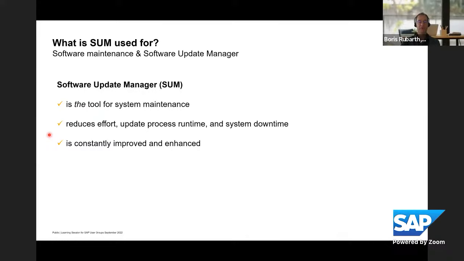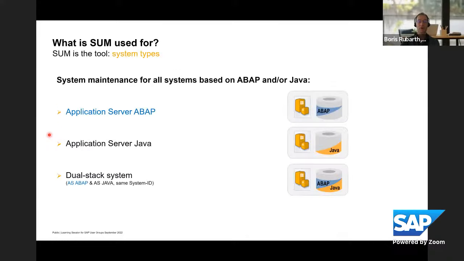So what is the Software Update Manager used for? What kind of systems are being handled by the tool? The tool is for system maintenance for all systems based on either the application server ABAP, or systems based on application server Java, or systems that we call a dual stack system. Of course, you know, a dual stack is a system where we have the application server ABAP and Java on the same database with the same system ID.